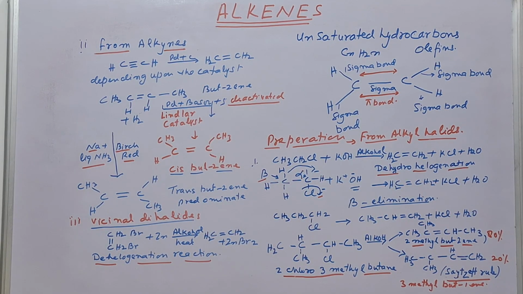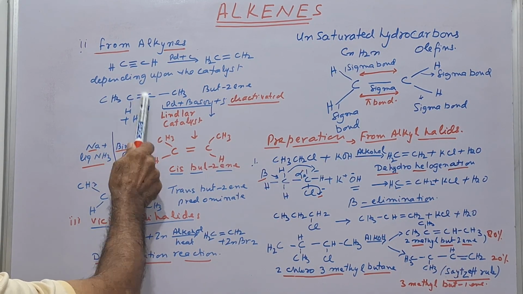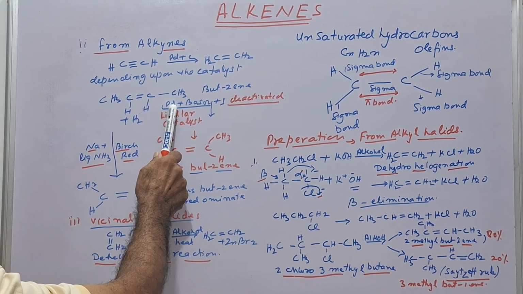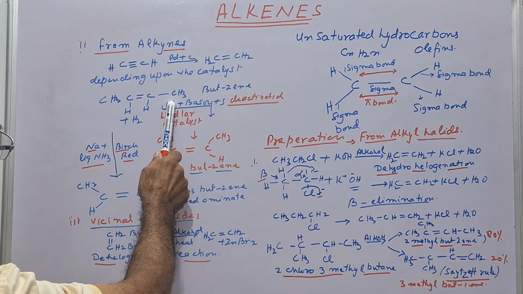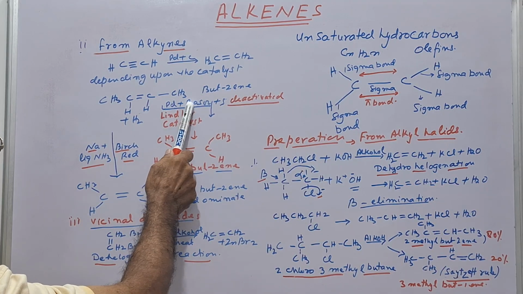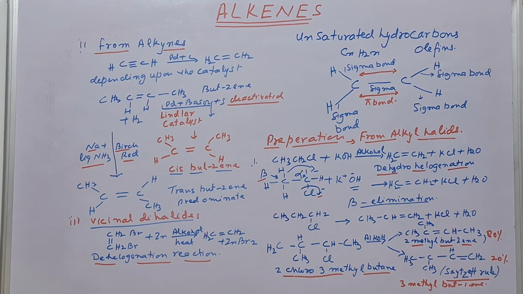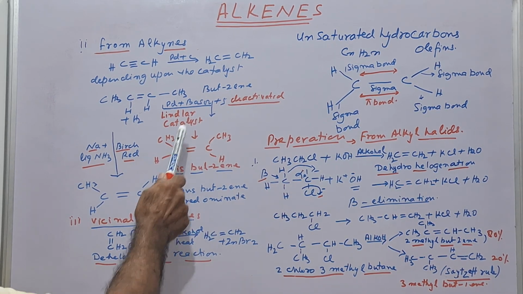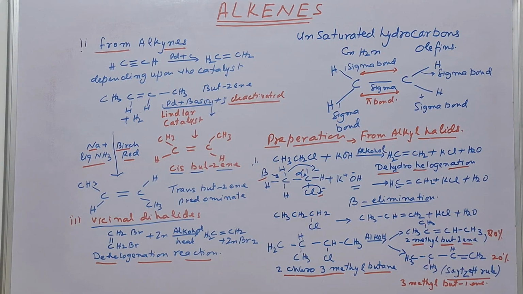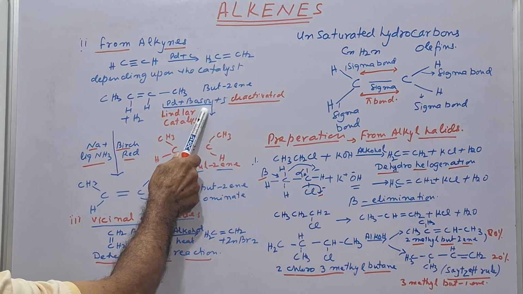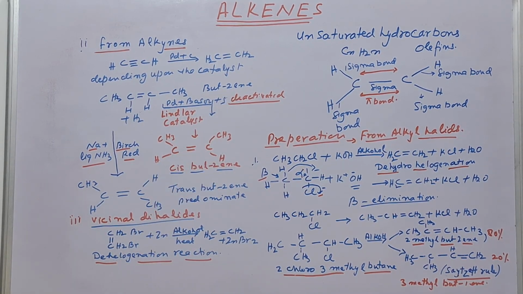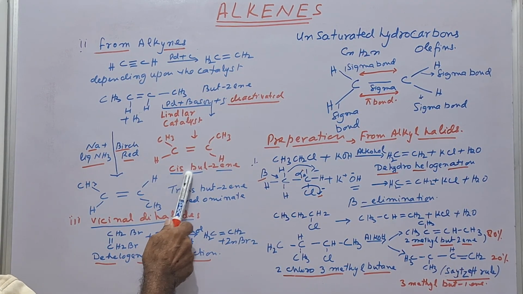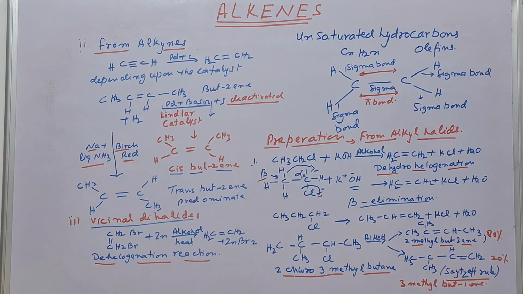When this butyne reacts in the presence of deactivated palladium, that is palladium plus barium sulfate and sulfur, it forms cis-but-2-ene. This is known as the Lindlar catalyst. So palladium deactivated with barium sulfate and sulfur is known as the Lindlar catalyst. It forms cis-but-2-ene.